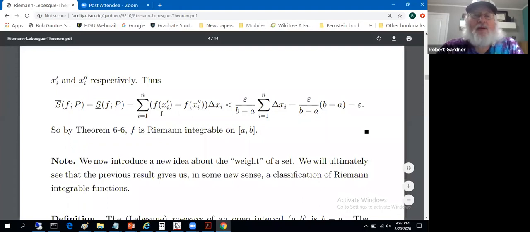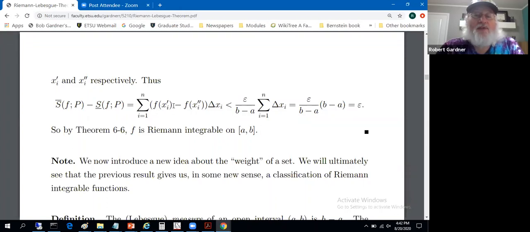How big are the function values? Well, I know this is bounded by epsilon over b minus a. You worry there aren't absolute values there? Remember, this was a max and this was a min, so I don't need absolute values. This function difference really is positive by the choice of x sub i prime and x sub i double prime. So I don't need absolute values there, but we can put them there if you like because it's positive. Sorry, non-negative. So we get this difference is less than epsilon over b minus a.